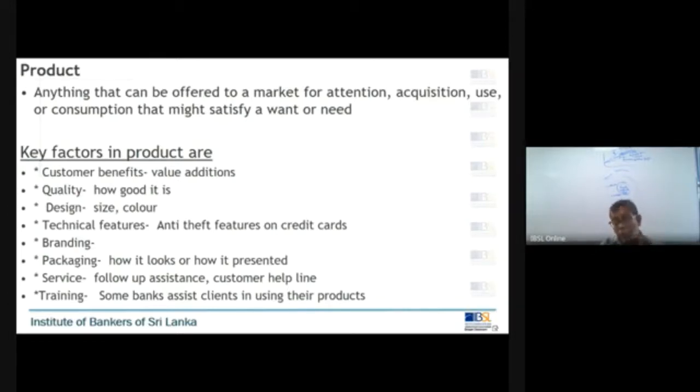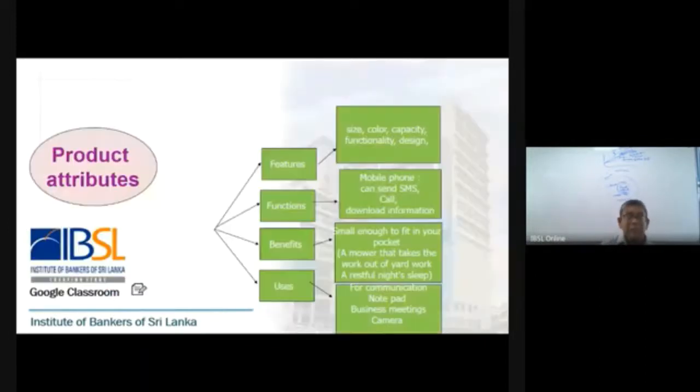So therefore, if you are going to offer a product, it must have all these specific features or factors, right? Not just by the product having all these things, right? Now, say for an example, it is not in your handout, but just for explanation, right?